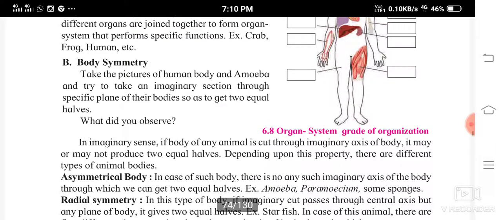So body symmetry. Take the pictures of human body and amoeba and try to make an imaginary section through a specific plane of their bodies so as to get two equal halves. What did you observe? Now you take the picture of human body and amoeba, and you try to take an imaginary section through specific planes of their body.